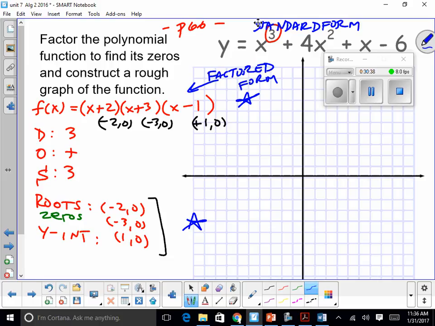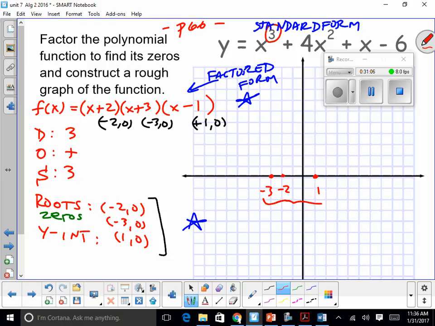And what did these count as? -2, -3, and a 1. These are your roots, also called zeros.